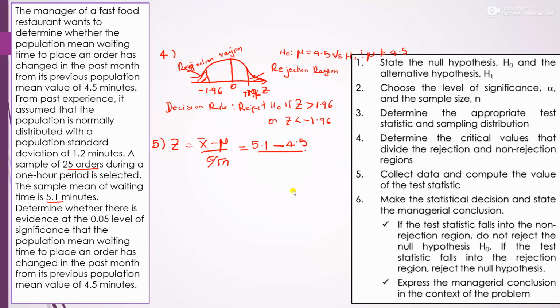And sigma, our population standard deviation, is 1.2, divided by the square root of n, 25. When you simplify this, you get the value 2.5.